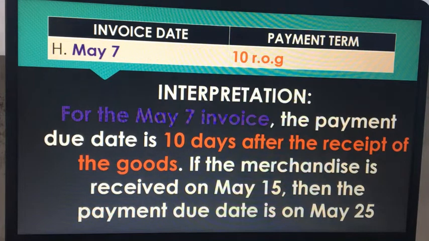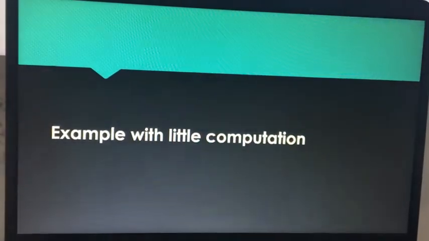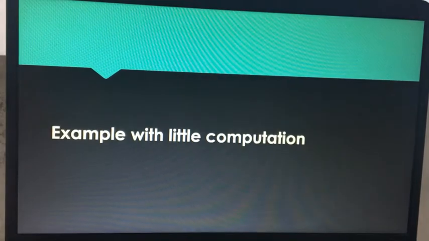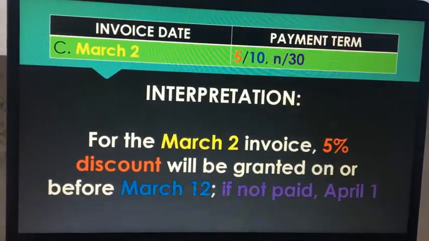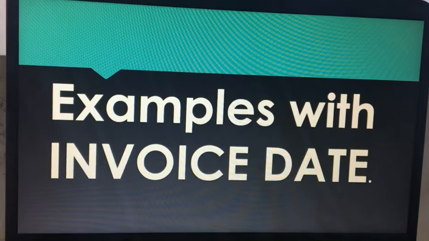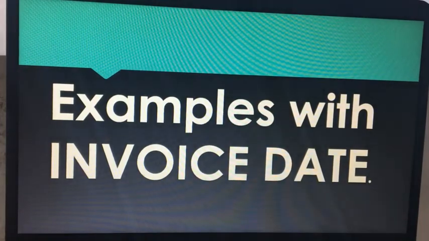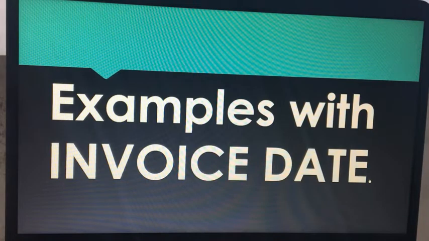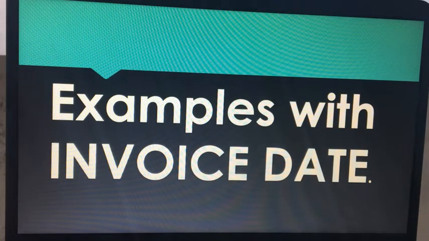In short, in order for you not to make mistakes in interpreting your payment terms, the first thing you have to remember is to identify the invoice date and the payment terms.